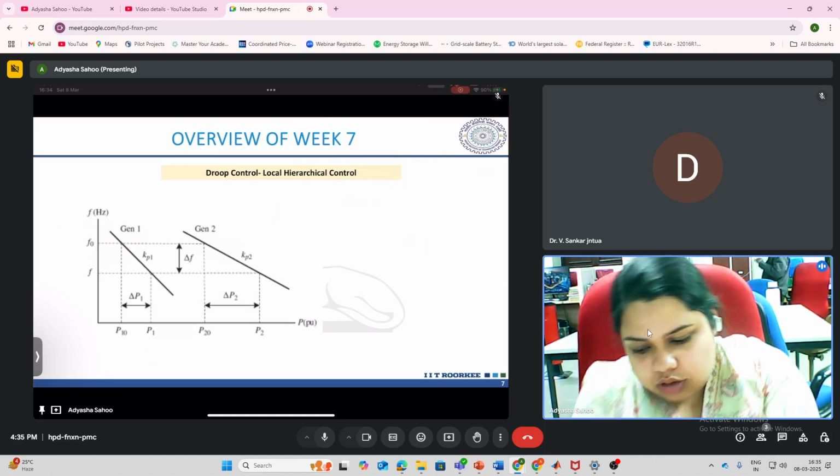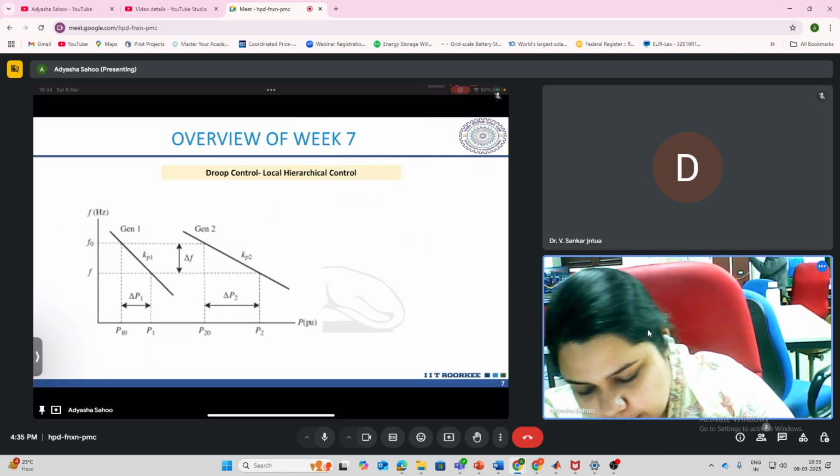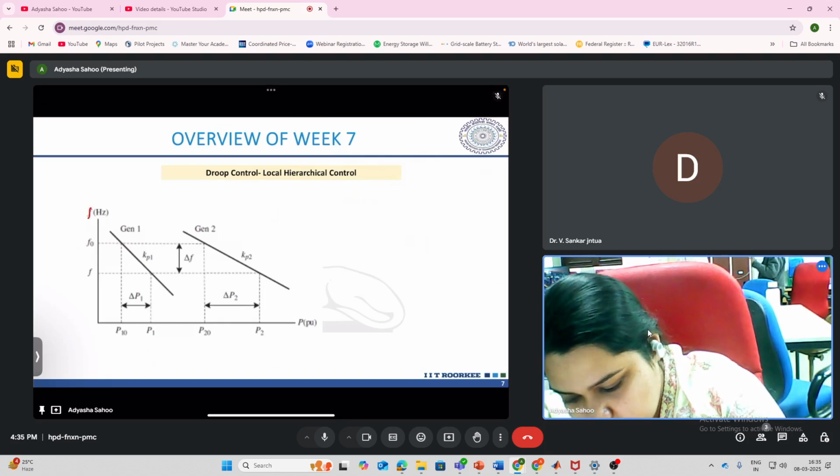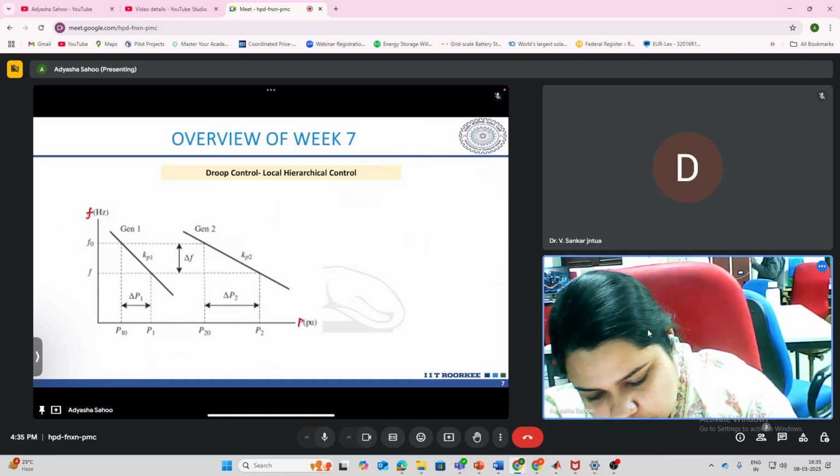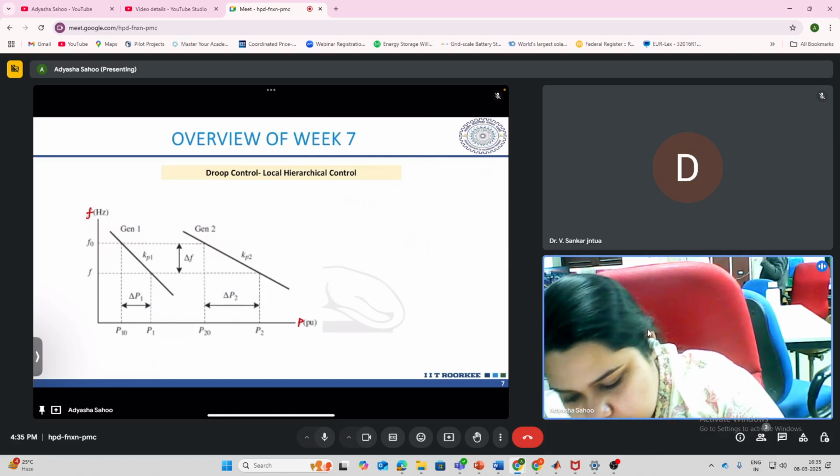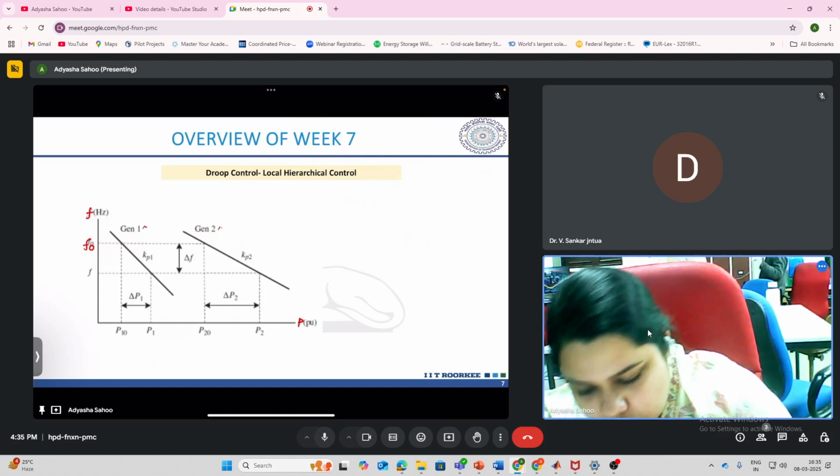So, the common idea here is, let's say, you have a frequency versus power curve here, and let's say initially your frequency is f naught, and generator 1 and generator 2 are supplying power to the load.